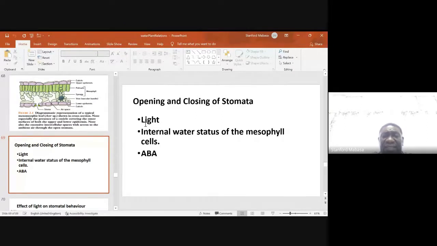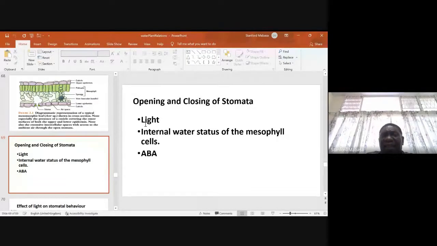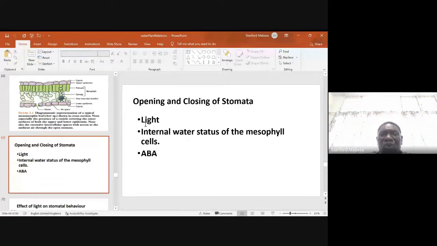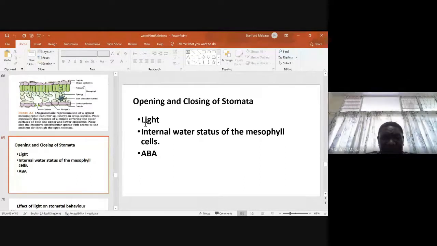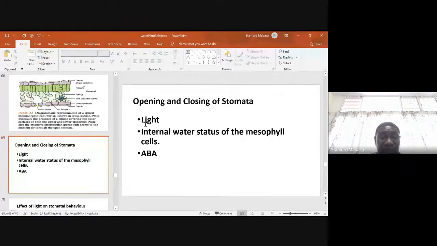Number two, it is the internal water status of the mesophyll cells, because it can give us an idea about the magnitude of water potential, because we know water potential can create a movement of water from one place to the other, depending on the magnitude of these water potentials. We'll also have the abscisic acid, which can also regulate the opening and the closing of the stomata.